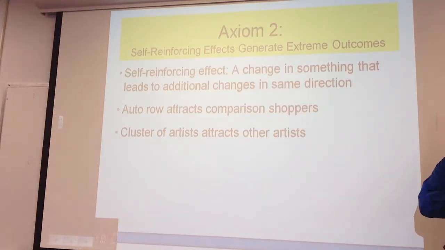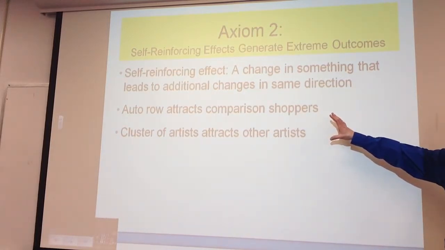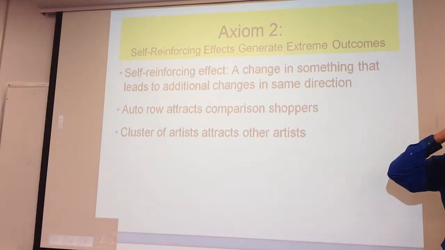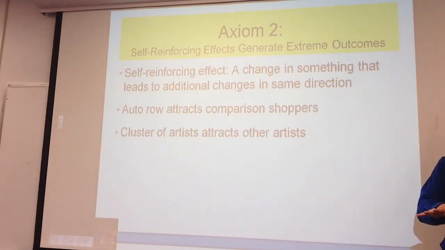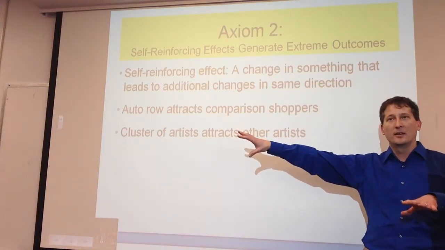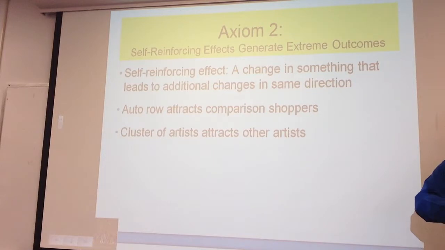By having them close together and reducing the cost of shopping around, it benefits all of the car places, because they're attracting more people who know they get to shop around fairly costlessly. Instead of running to a different place far away, they know they can find what they need going down the Miracle Mile.